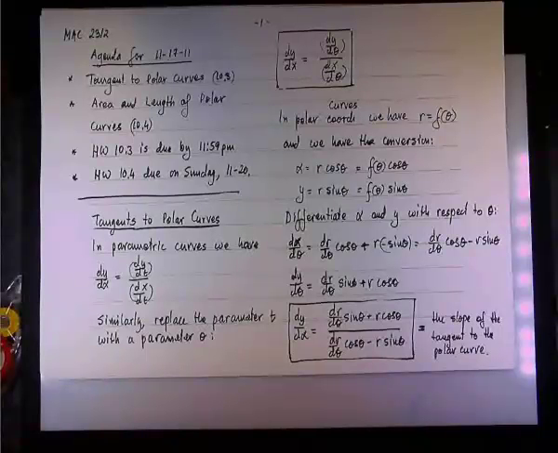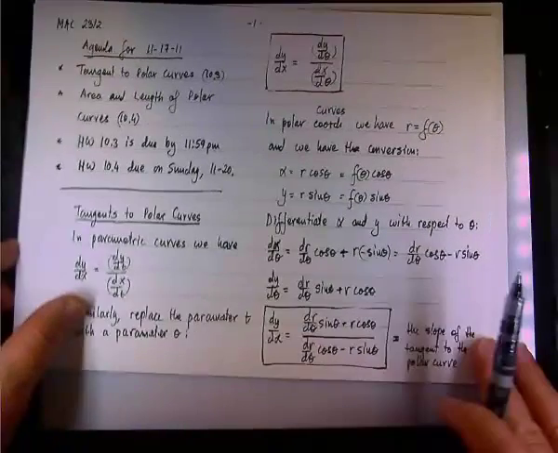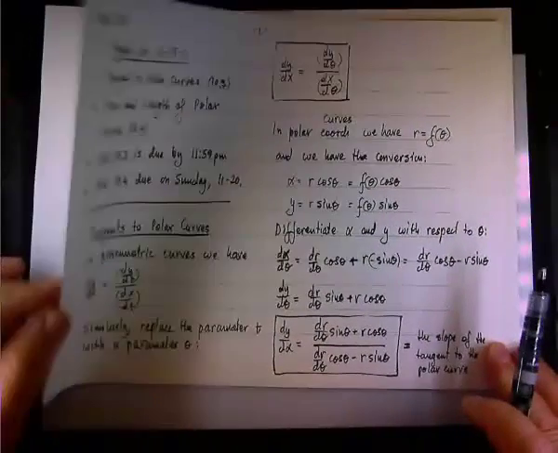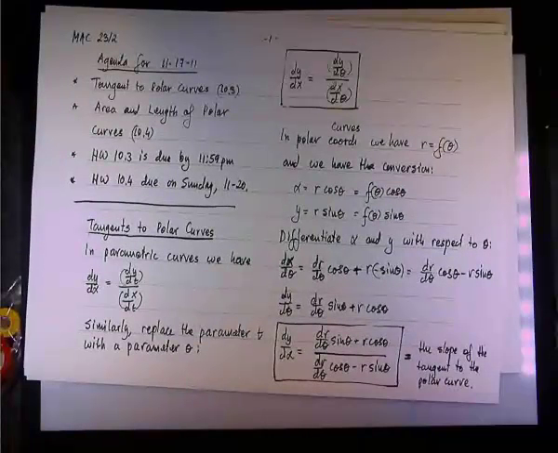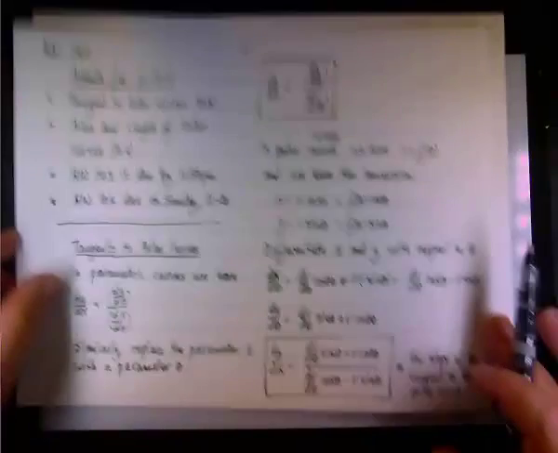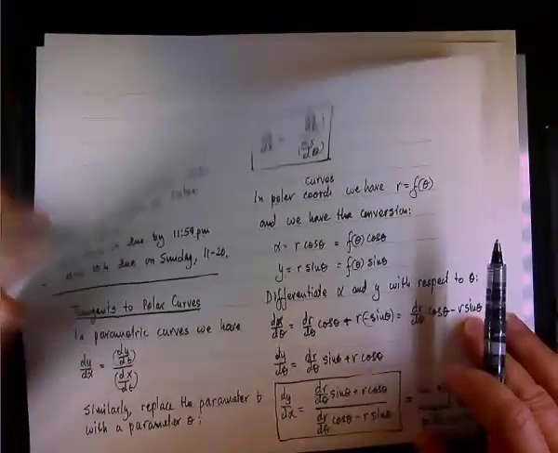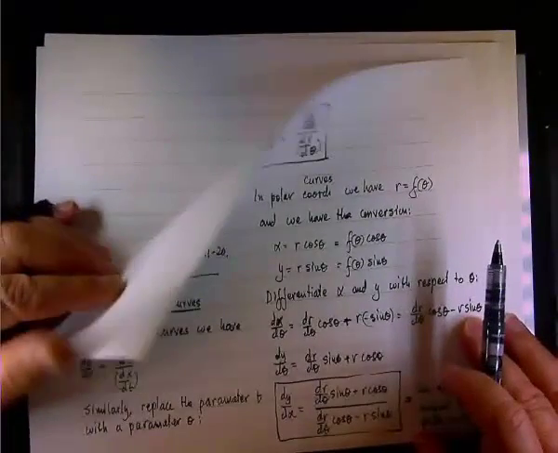But the polar curve, we can go ahead and replace it on a Cartesian system, putting the pole at the origin, and the slope of the curve at any given point will be this expression, dy/dx. Okay, so having said that, let's look at a special case.